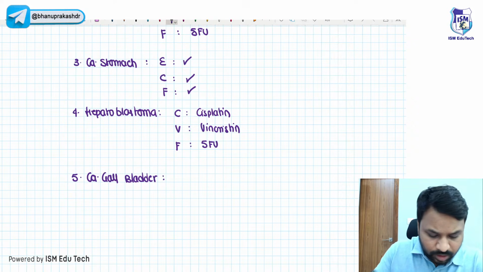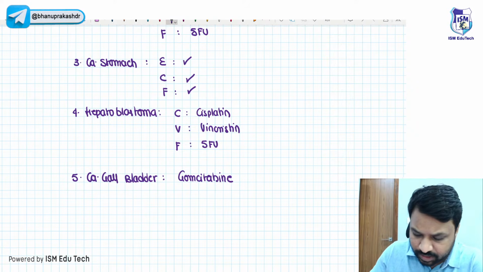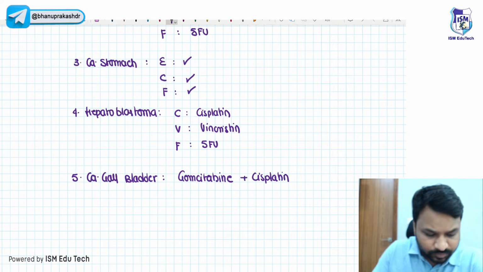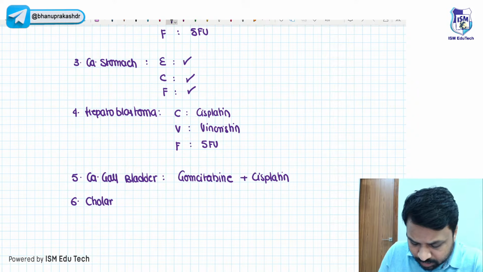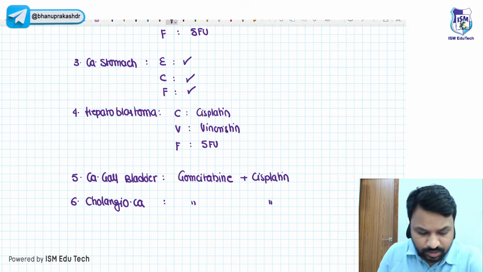For carcinoma gallbladder, it is gemcitabine with cisplatin. Then you have cholangiocarcinoma. For cholangiocarcinoma also, it is gemcitabine with cisplatin.